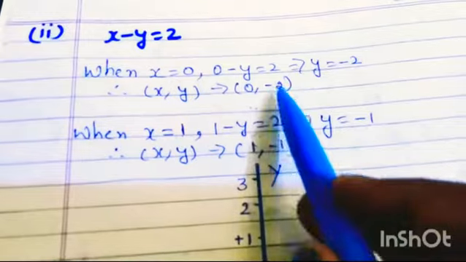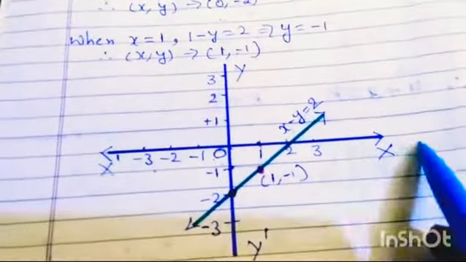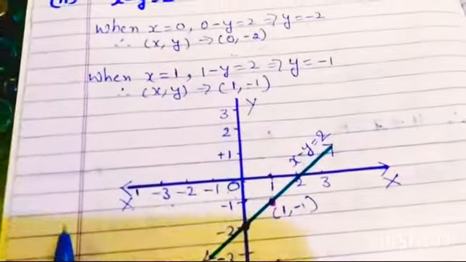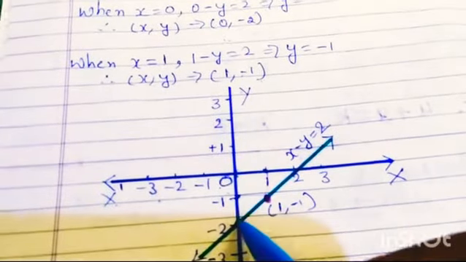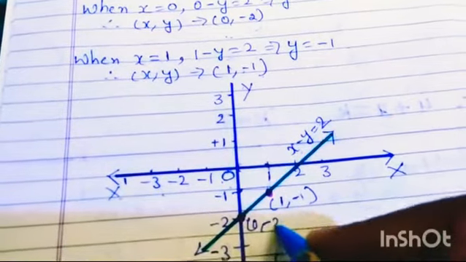Now we will plot these both points on this line, where here is the x-axis and here is the y-axis. One point is 0 and minus 2. Here is 0 and minus 2 is here. Therefore it is the point 0 comma minus 2.